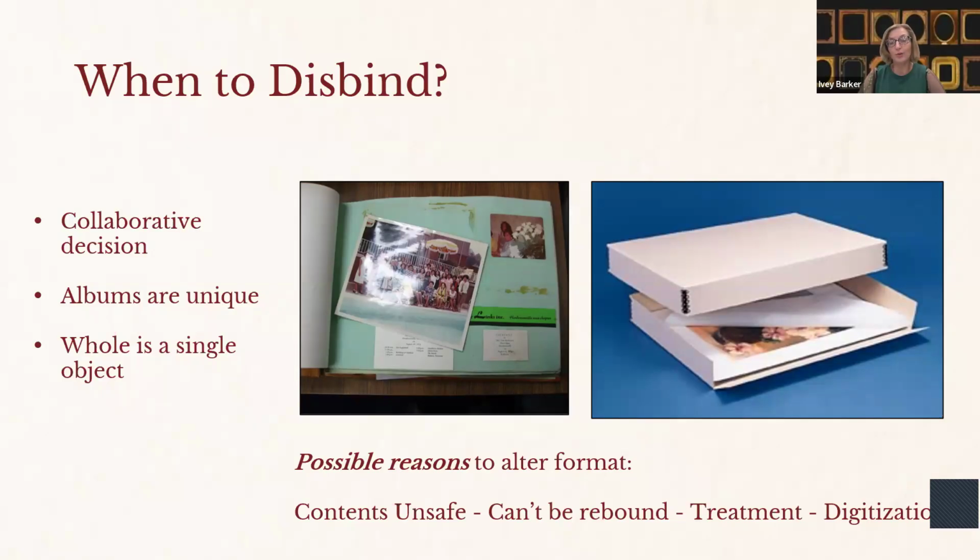Possible reasons to alter formats, either temporarily or permanently, would be the contents are unsafe. Say the binding is just riddled with mold, etc., and you need to remove it to isolate it before it causes more damage to neighboring collection items. It can't be rebound.